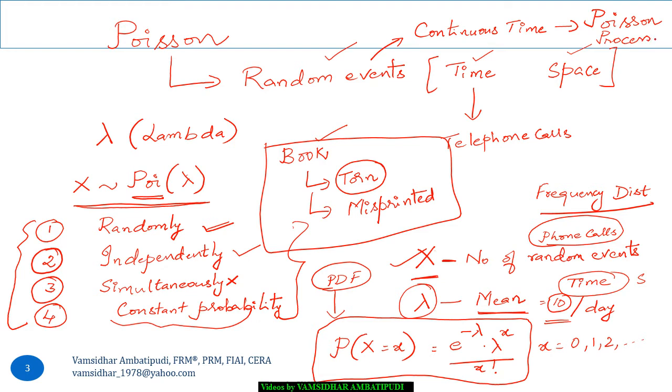This is the first important part that you need to be comfortable with. For example, the number of telephone calls you receive during an hour. In a particular time or in a particular space, you always have to talk about that aspect when we talk about a Poisson distribution.